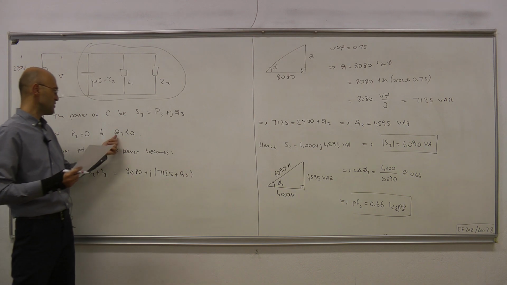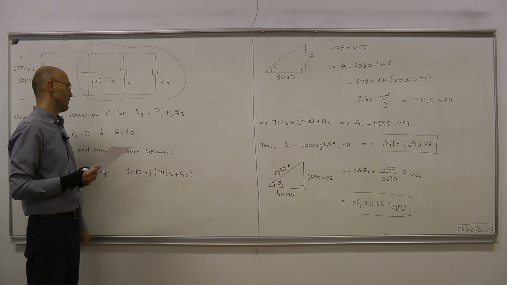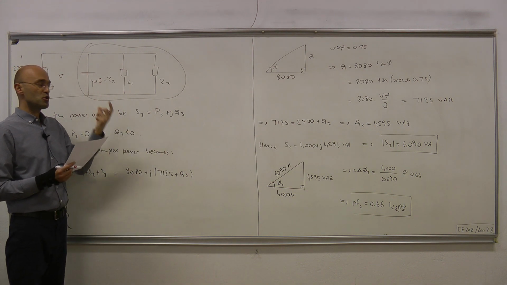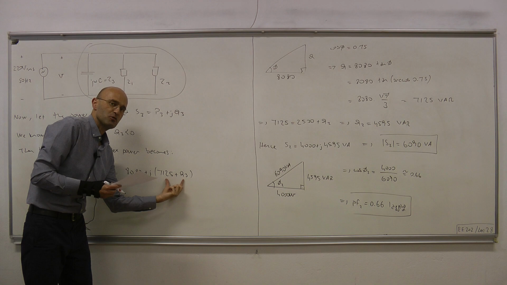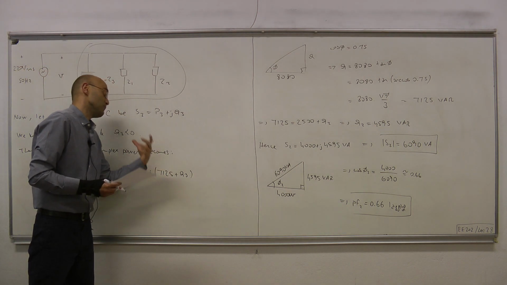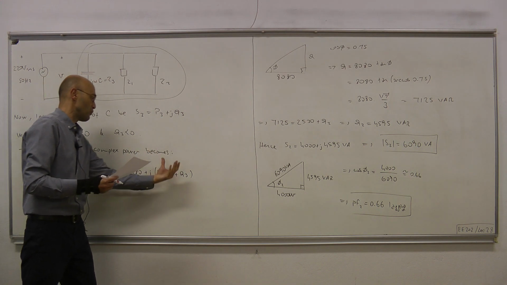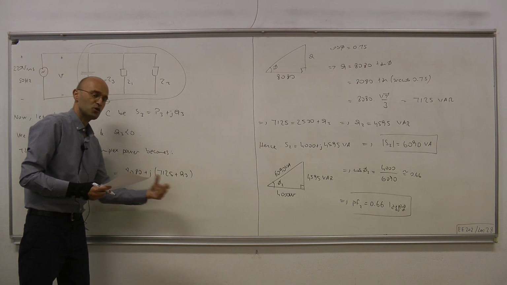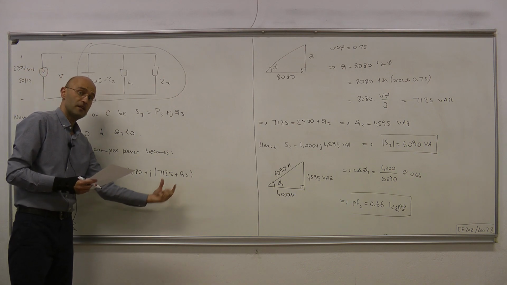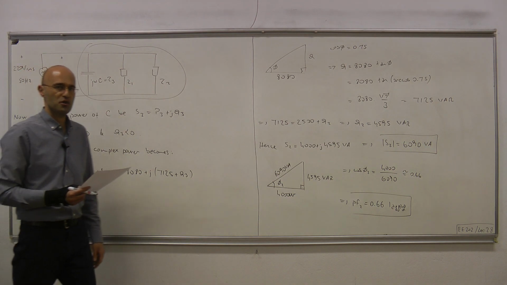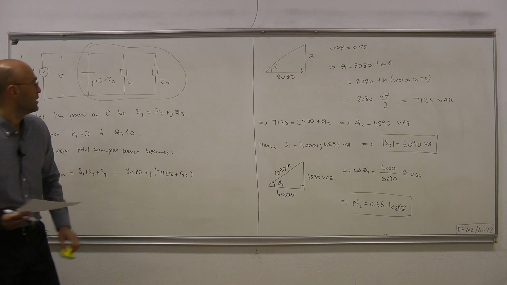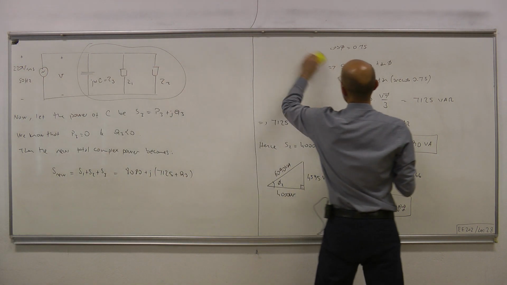Now the aim is, since Q3 is negative, by choosing the capacitance value to make this thing as small as possible, or in our case make the cosine equal to 0.95. Make this thing small so that this real part will be large relative to the imaginary part, which would increase the cosine of the phase. So let's draw the new power triangle.